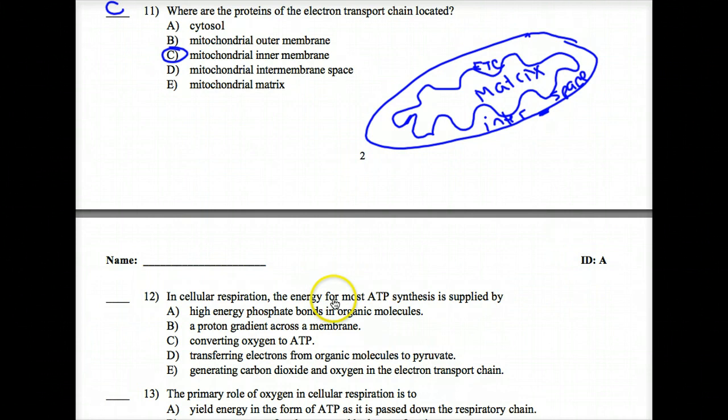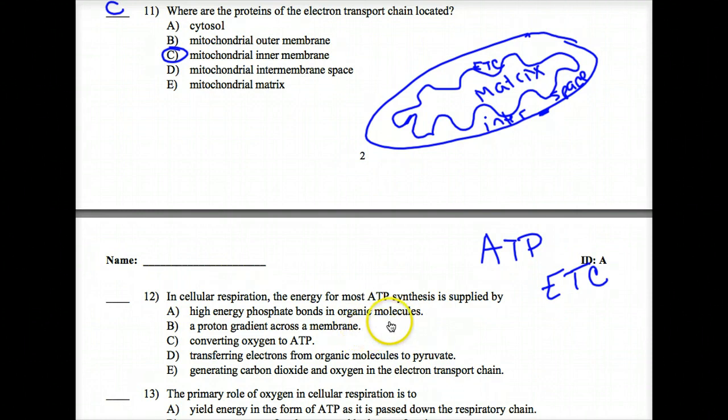Number 12. In cellular respiration, the energy for most ATP synthesis is supplied by, so where am I getting most of my ATPs? Most of them are going to be made as electrons pass from one carrier to the next, so that's going to be during the electron transport chain. High energy phosphate bonds in organic molecules. I'm making high energy phosphate bonds, adding that other one on, but that doesn't sound right.